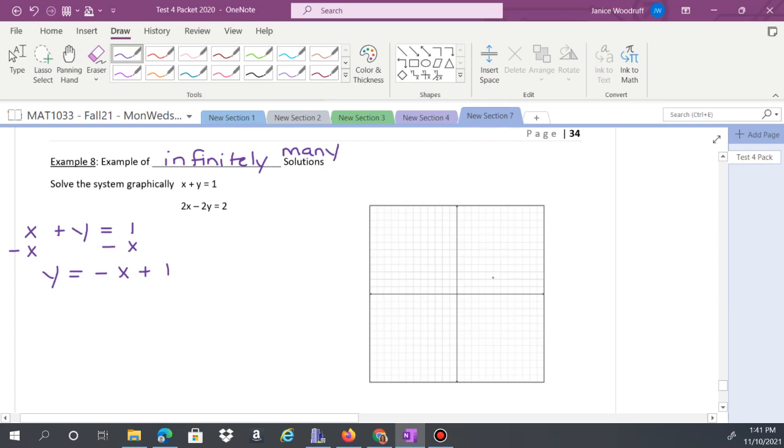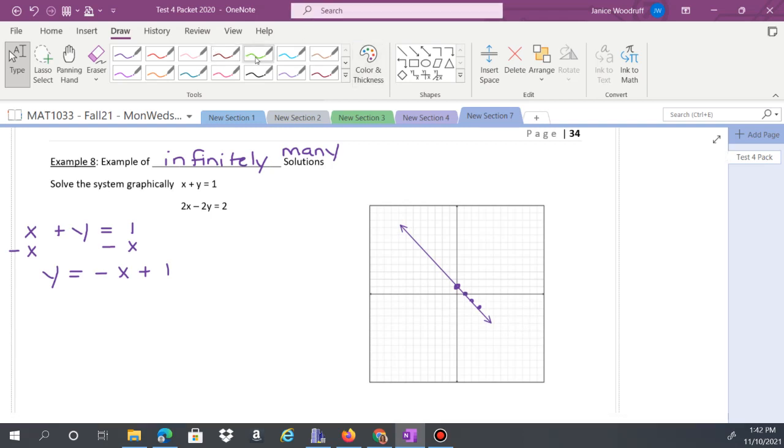So I have a y-intercept of positive 1 and I'm going to go down 1 over 1. So my graph's going to start to look like that. Get my line through there. Okay, so I have my line.